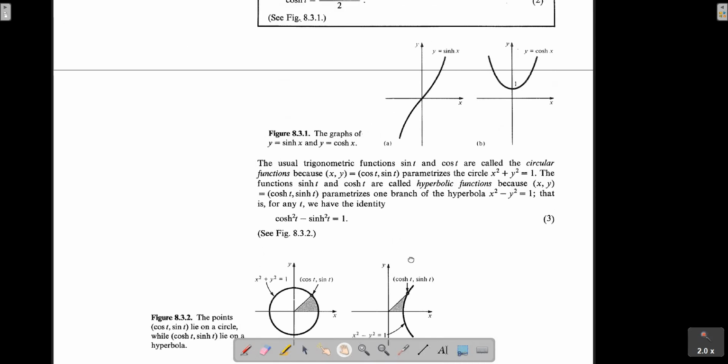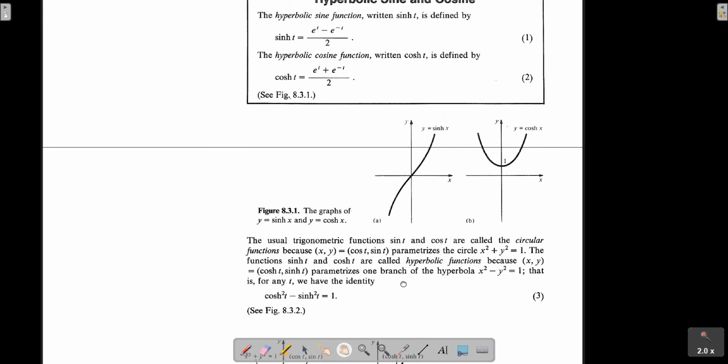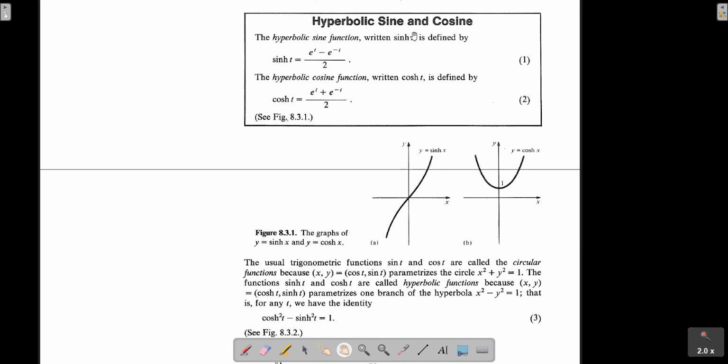So consider this definition, that is hyperbolic sine and cosine. Look at this definition. The hyperbolic sine function is defined as sinh t. Some people read it as sin h, but that is not the correct way.